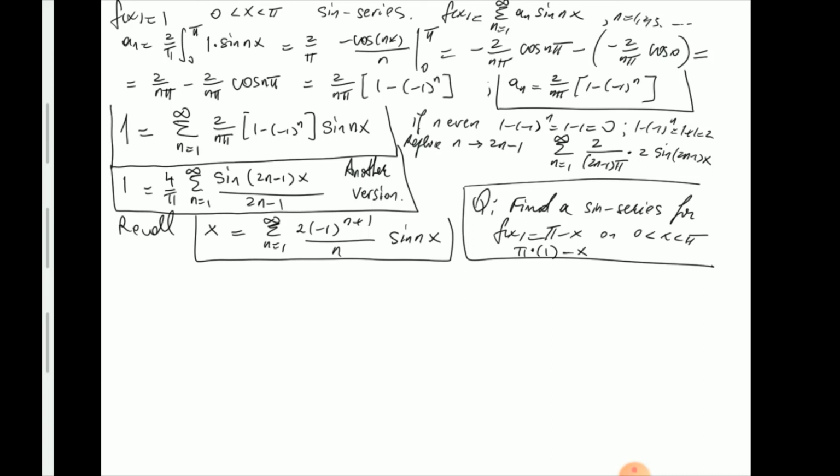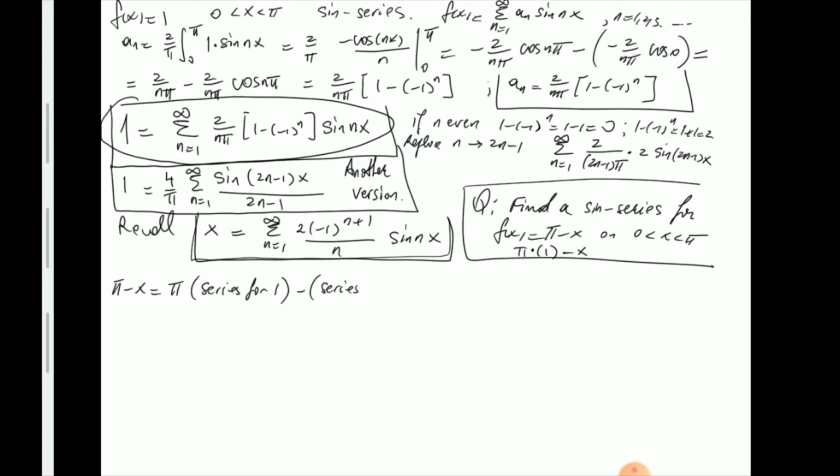In order to combine the summations, you need to have the same values for n, in this case 1, 2, 3, and so on. So that means I'm going to prefer this format, and then of course the one obtained for x previously. So pi minus x is pi times the series for 1 minus the series for x.